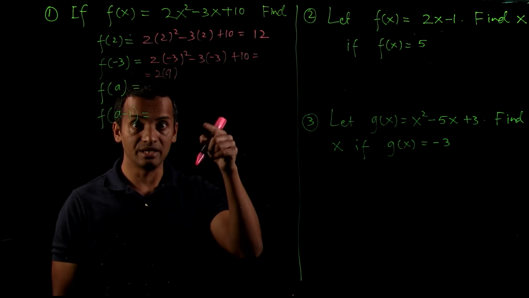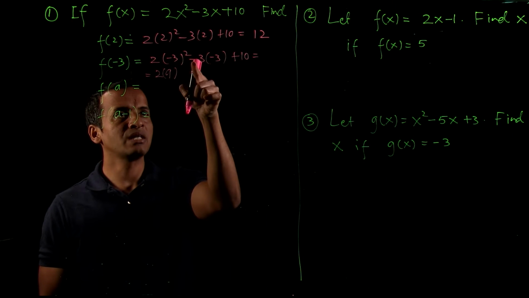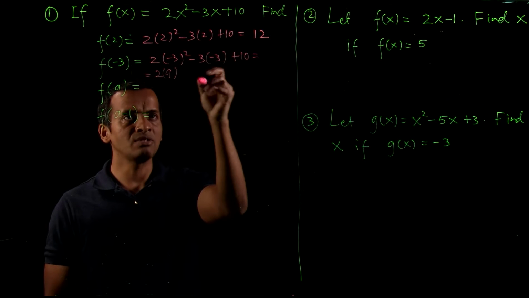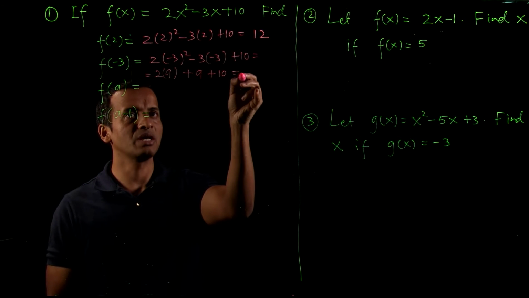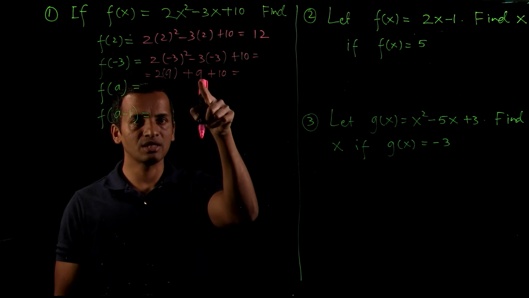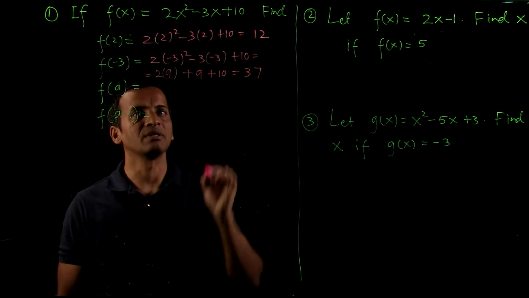And then since it has a negative, a double negative, it will be positive, so minus 3 times negative 3 will be plus 9 again, and then plus 10. Okay, so this will be 18 plus 9 is 27 plus 10 is 37.